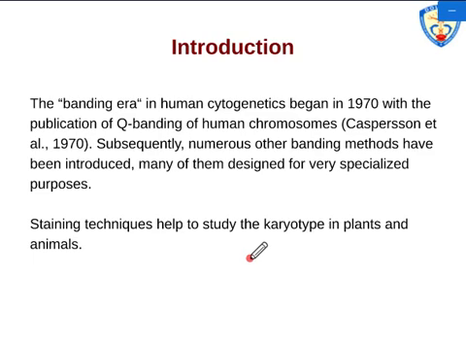Others identify pericentric heterochromatin in all or some autosomes and the distal Y chromosome, or specific pericentromeric heterochromatin, for example in chromosome number 15. Staining techniques help us to study the karyotype in plants and animals.